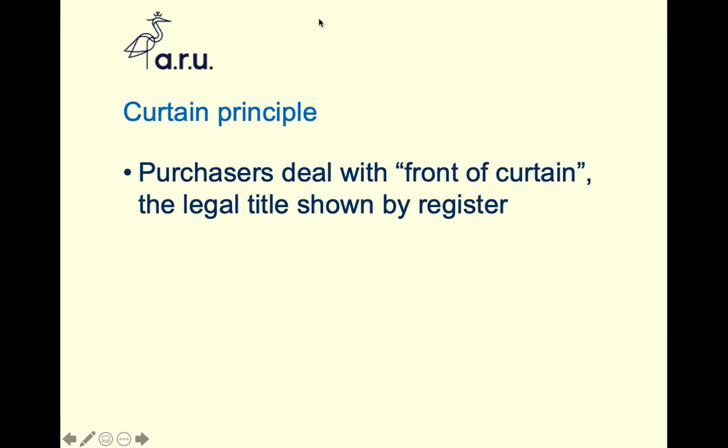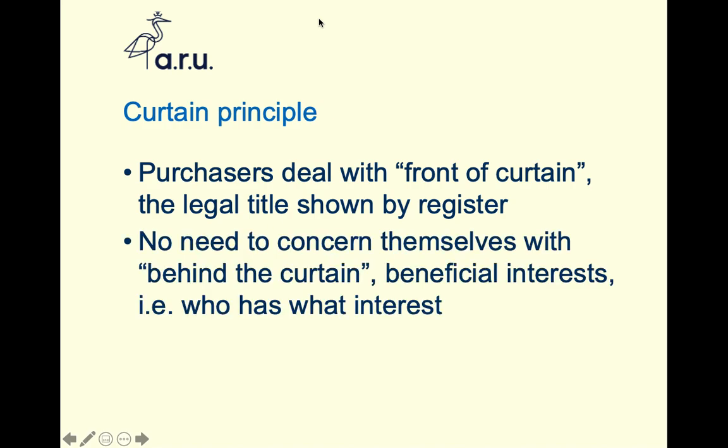So the curtain principle is that notion that I deal with whoever's in the front of the curtain, the fee simple absolute possession holder that is evidenced on the register. So that person who appears at land registry as the true owner is the only person I'm going to deal with. I don't have to concern myself then with anyone else behind the curtain.